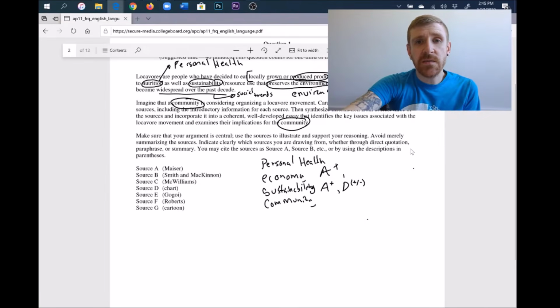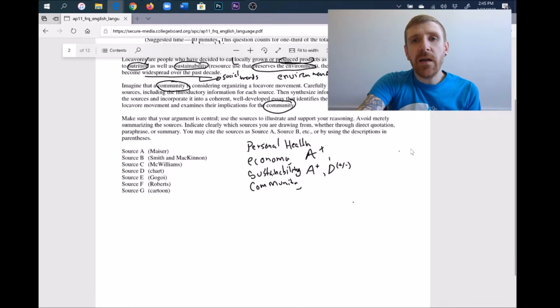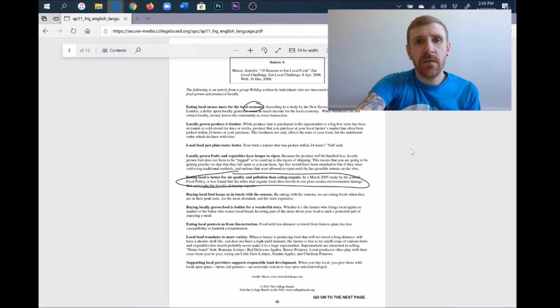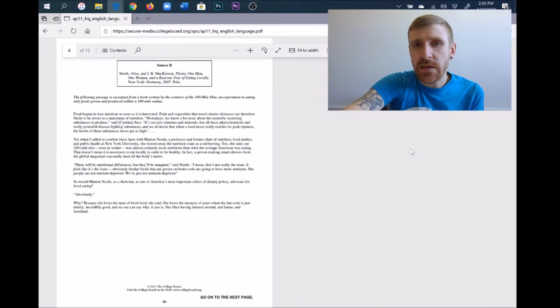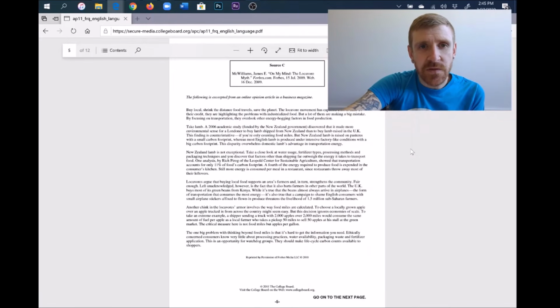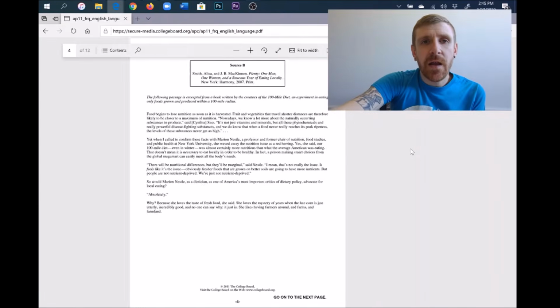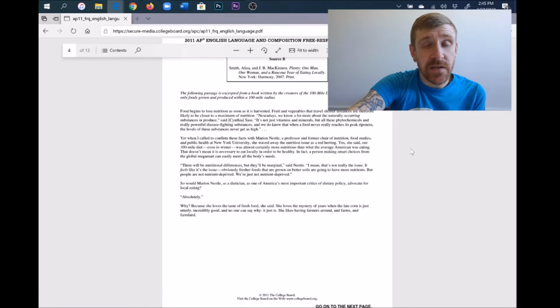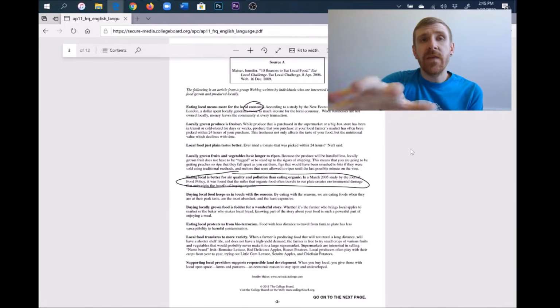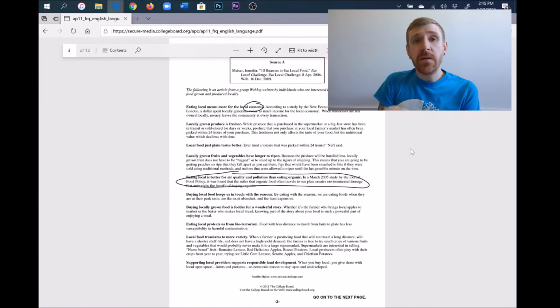Now, why this is important is because I might have source A, which has a remarkably positive position about locavorism, and I might have source B that also is positive in relation to locavorism, but they might hold the same position, but they'll hold different perspectives, okay?